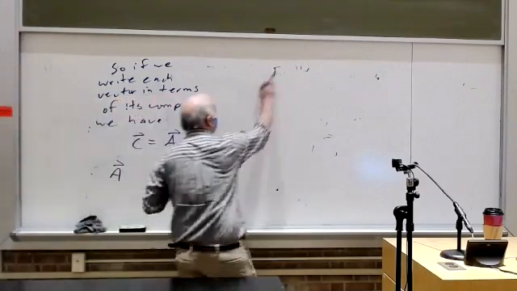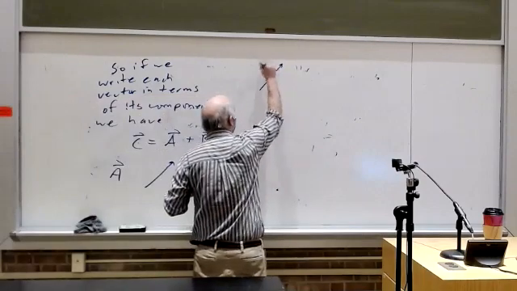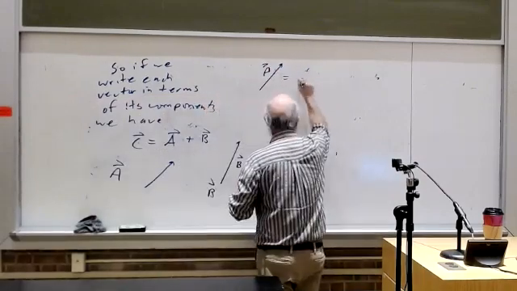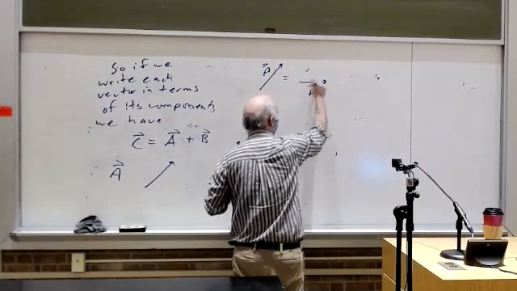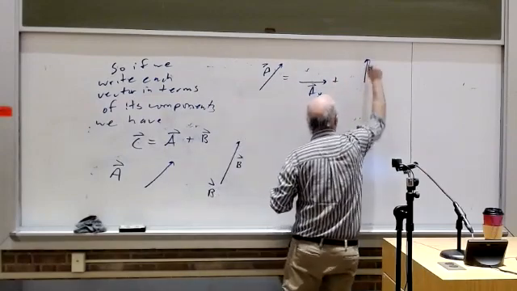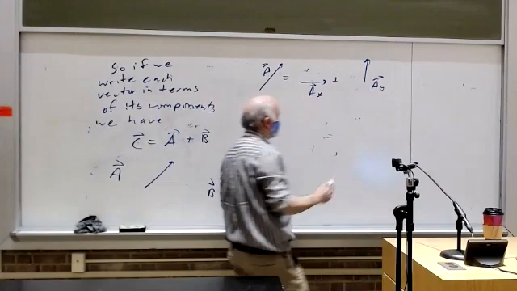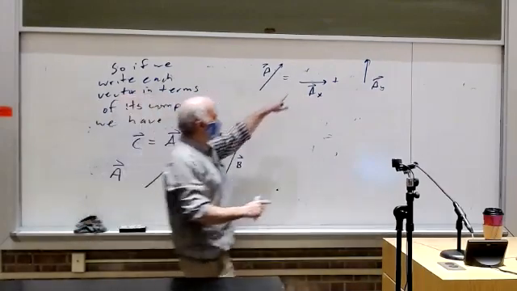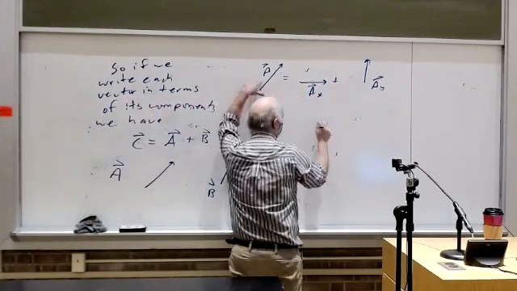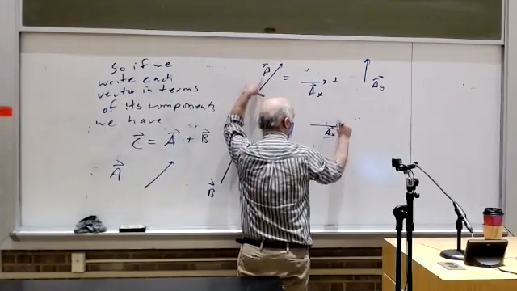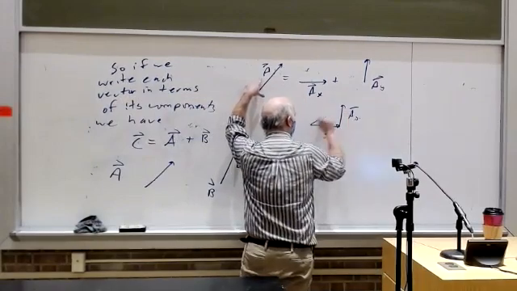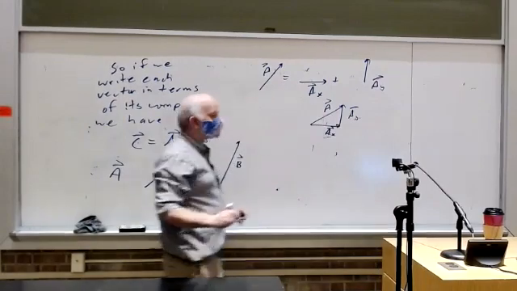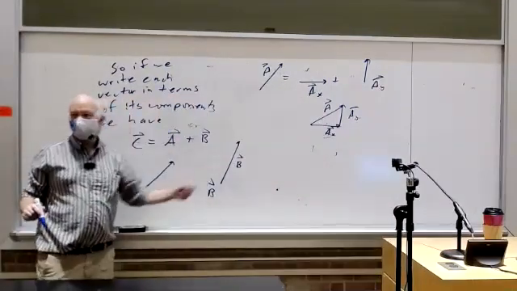I can think of this vector here, A, as being this vector here, the x component, plus this vector here, the y component. This vector plus this vector equals that vector. Then what is B being made up of?